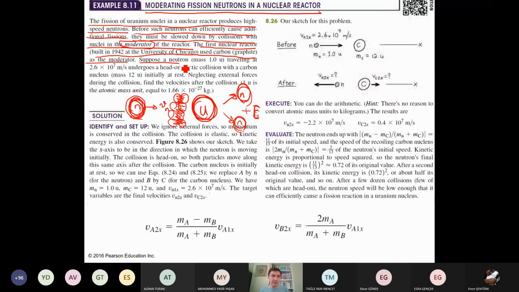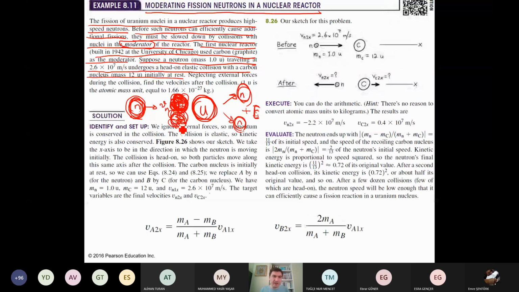Suppose a neutron traveling at 2.6 times 10 to the 7 meters per second undergoes a head-on elastic collision with a carbon nucleus at rest. So let's consider here there is a carbon atom before the uranium. The mass of the neutron is 1 u.